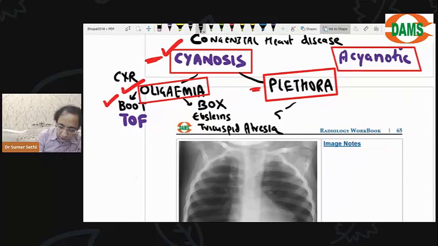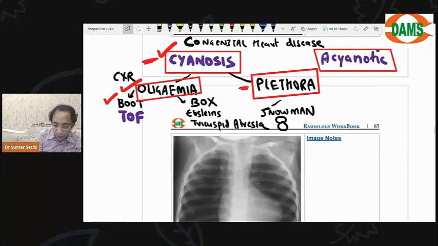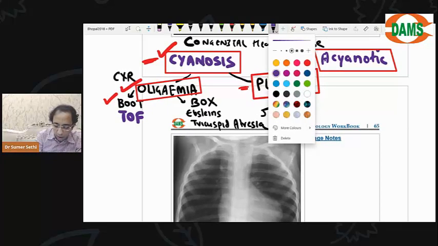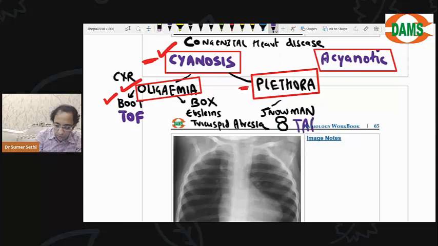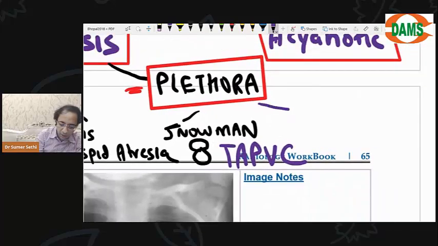Then remember, if the heart is shaped like a snowman, snowman कैसा होता है? ऐसे 8 नंबर जैसा. So if the heart is shaped like a snowman, then we make a diagnosis of TAPVC. अभी बताऊंगा क्या होता है. TAPVC, total anomalous pulmonary venous connection.